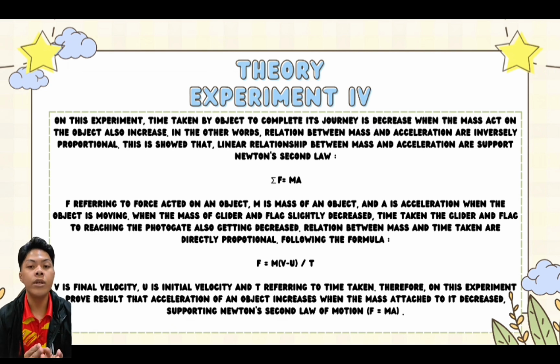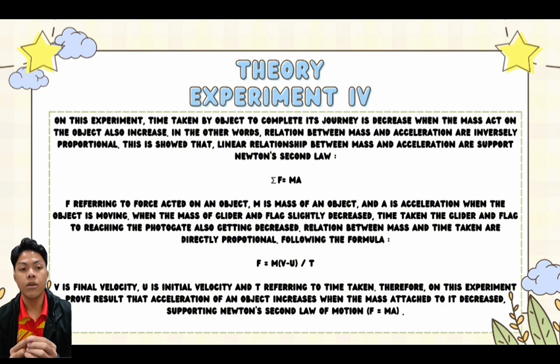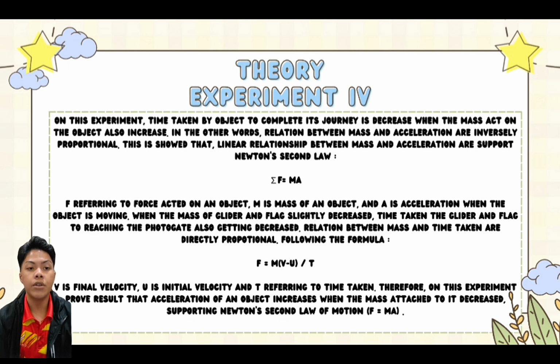If we bring the t to the left side and the F to the right side, that will be t equals m in bracket v minus u over F. So this shows that the time taken by the object decreases when the mass on the object is decreased.